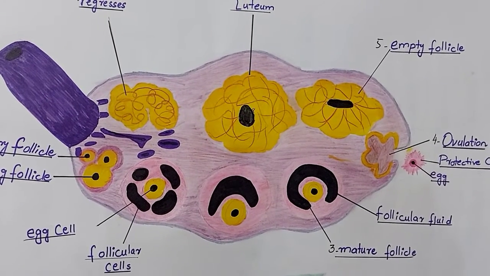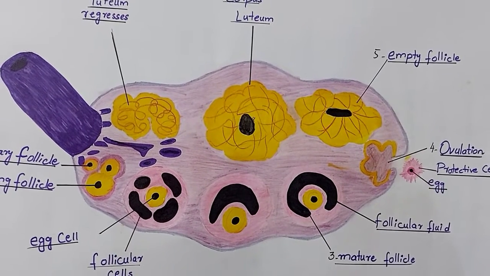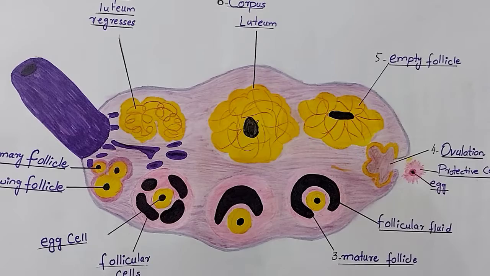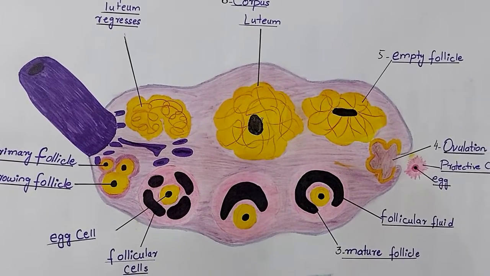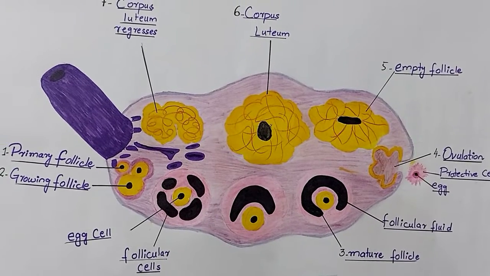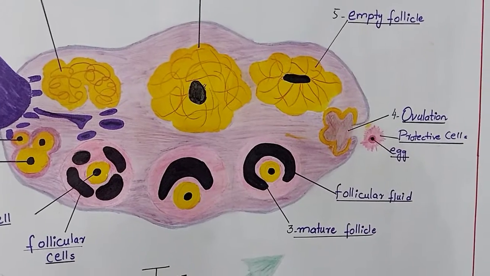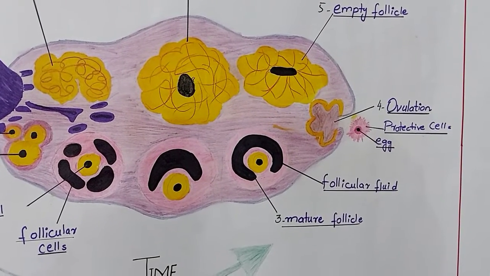I have discussed the corpus luteum and many other structures of the ovary in my previous lecture. So you must visit the hormonal control of the menstrual cycle, in which you will get every answer to your question. So ovulation is the release of the egg from the follicle cells.